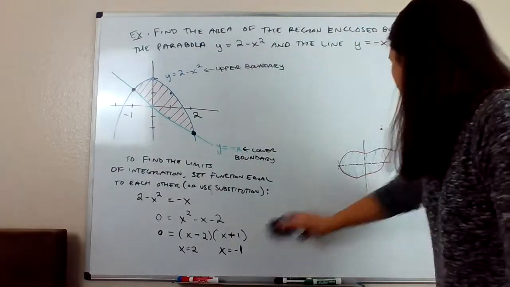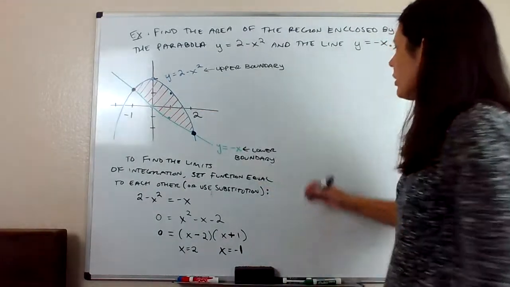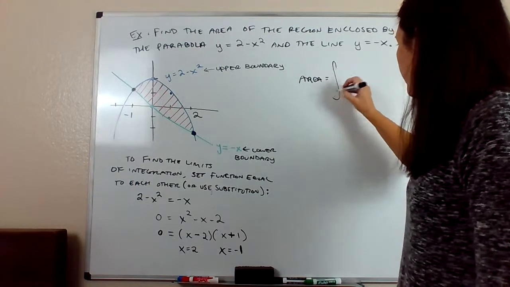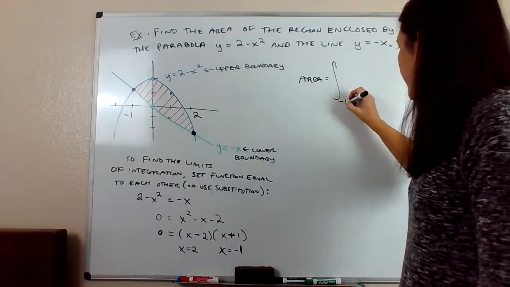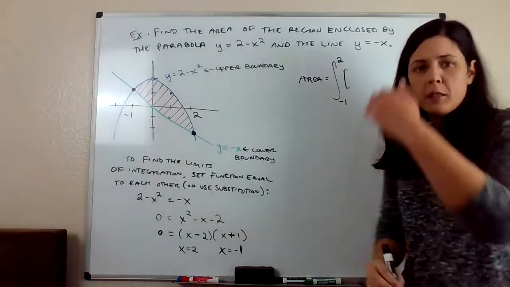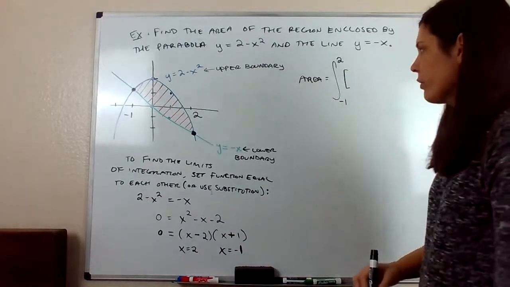So now I'm ready to do my whole setup to find the area between these curves, this red region. So the area here is going to go from x is negative 1 to 2, and then my integrand, I subtract my upper boundary function minus my lower boundary function.